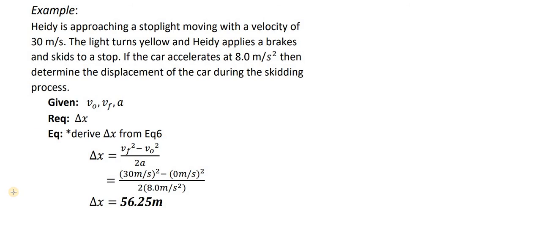So the given are, of course, the initial velocity of Heidi, which is 30 meters per second. Final velocity: it skids to stop, so the final velocity is 0 meters per second.